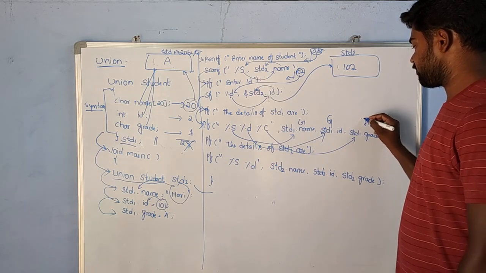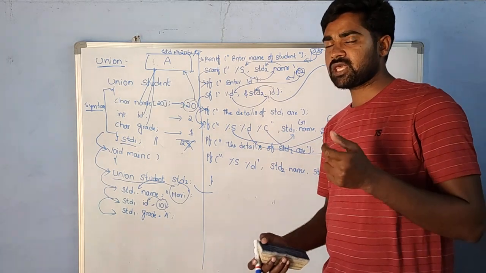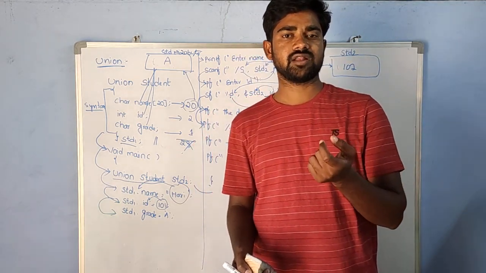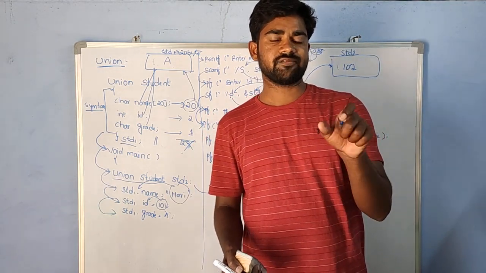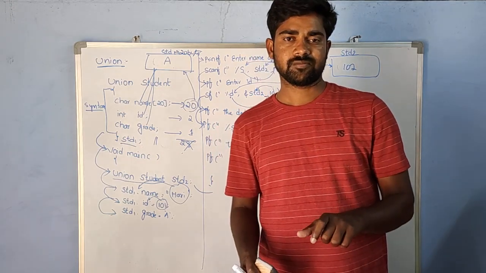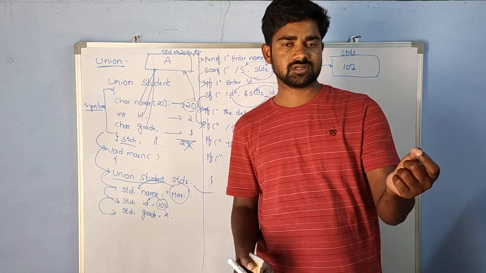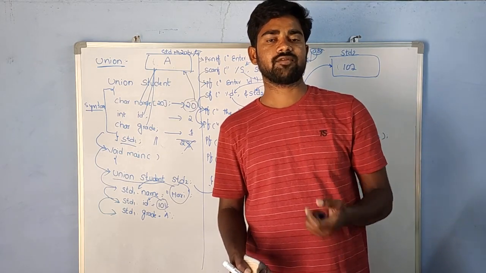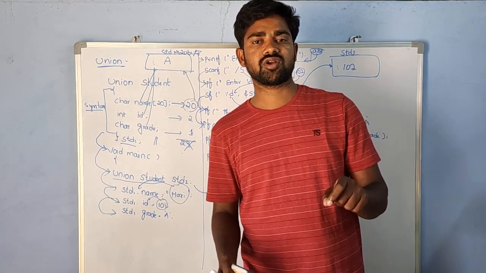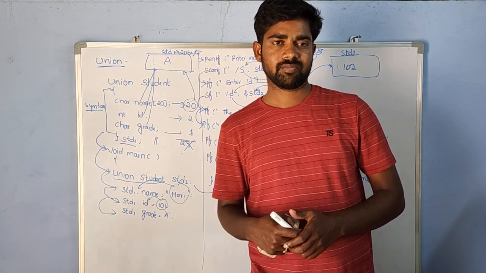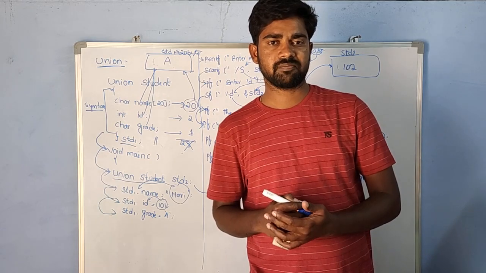Grade A. What did you observe here? In a union, whichever member is updated last, that latest value is stored in the location. If you try to print the data members assigned before that, those data members are going to be printed as garbage values, meaning default values are printed.